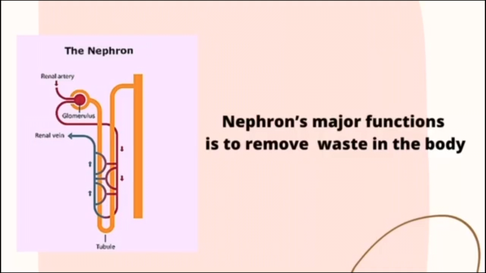The glomerulus filters your blood, and the tubule returns needed substances to your blood and removes waste. So each nephron has a glomerulus to filter your blood and a tubule that returns needed substances to your blood and pulls out additional waste.